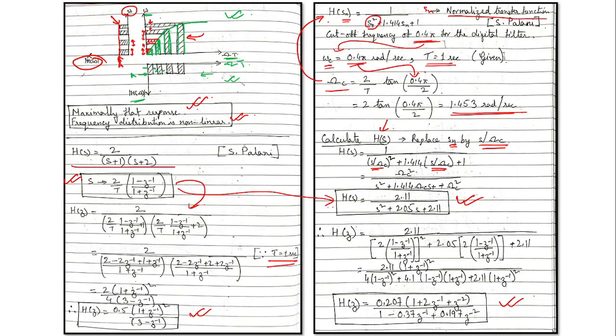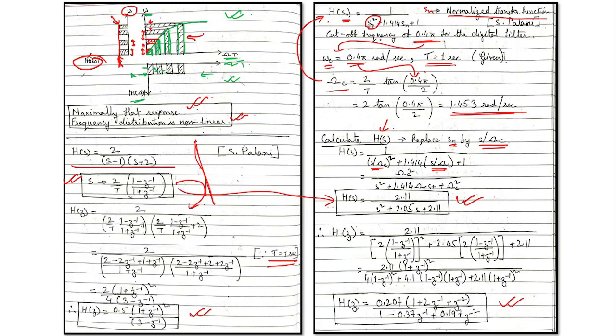So this is how the numericals need to be done. In the previous cases, the digital frequency cutoffs have not been given. However, in this case, you have been given the digital frequencies, and also the normalized transfer function in the analog domain.